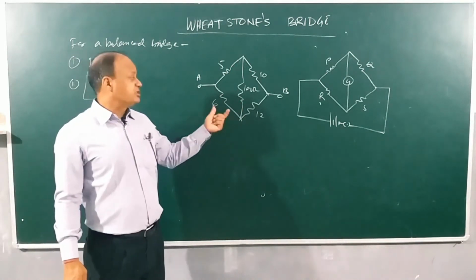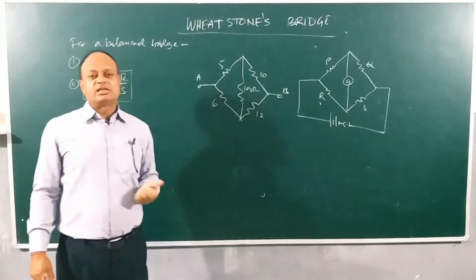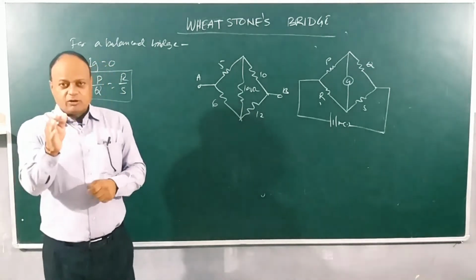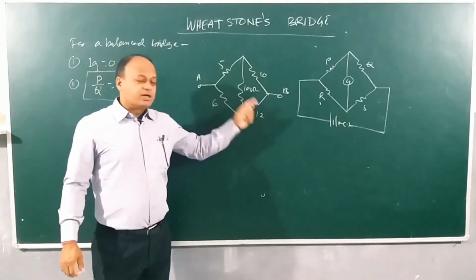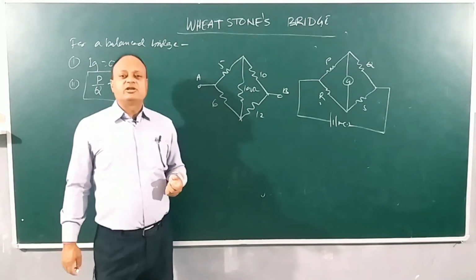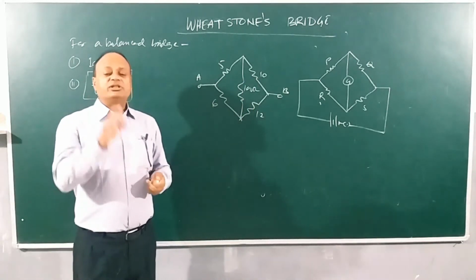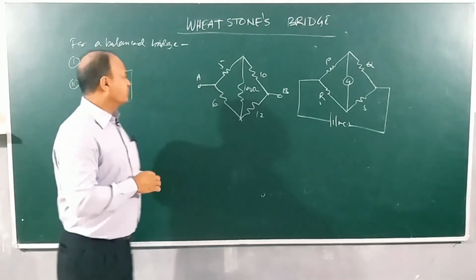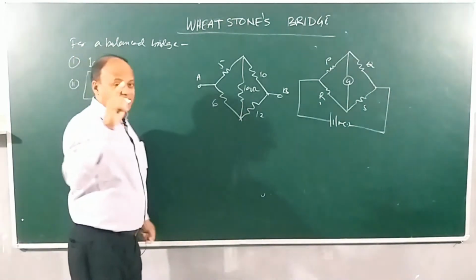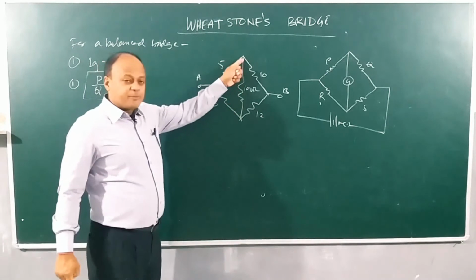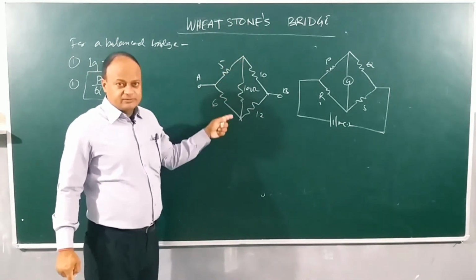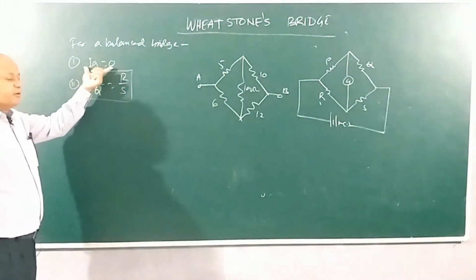Remember I mentioned this term Wheatstone's bridge when I was discussing application of Kirchhoff's laws. When you get a diagram like this, you will immediately recall Wheatstone's bridge and try to work out whether it is a balanced bridge or not. So let's check it out. For being a balanced bridge, it is not possible for me to put a galvanometer in check. So this condition will not always be applicable.